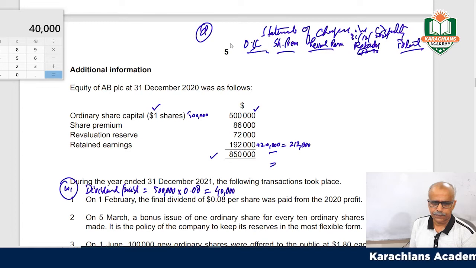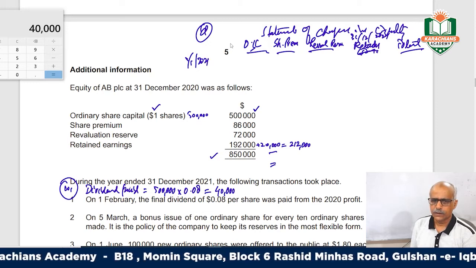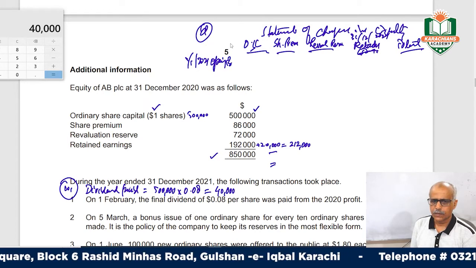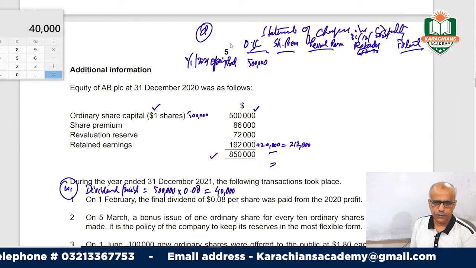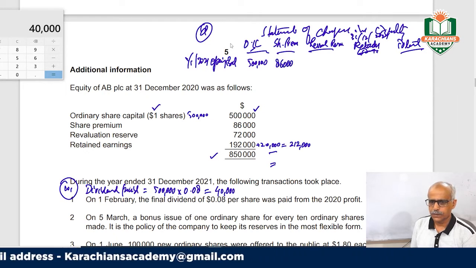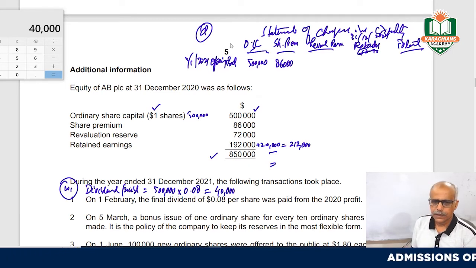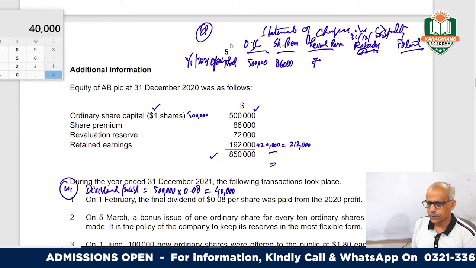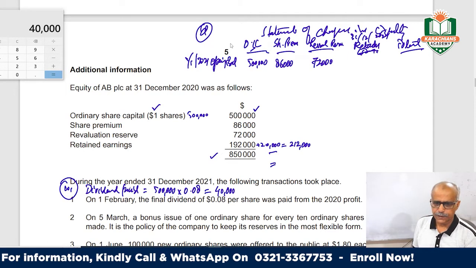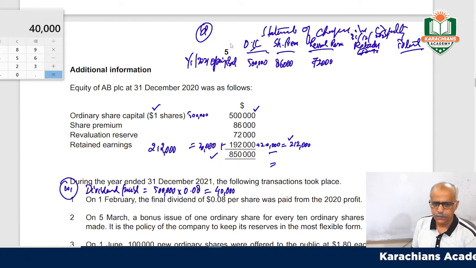On 1st January 2021, your opening balance: ordinary share capital 500,000, share premium 86,000, revaluation reserve 72,000, and retained earnings with the 20,000 added is 212,000.